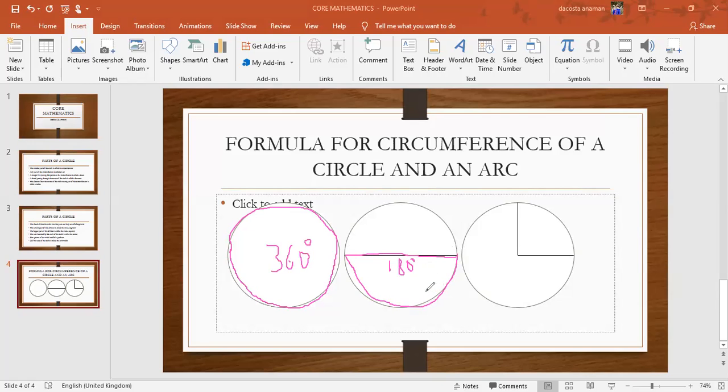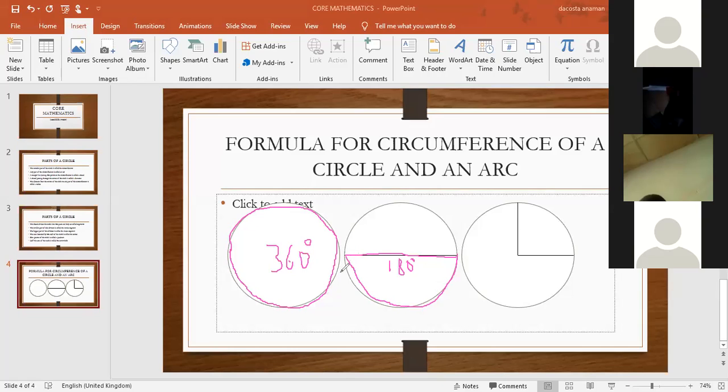Is that okay? So in this instance, if you are asked to find the perimeter of a semicircle, you are not walking around the full circle, but you are walking around the half circle. And that's what? 180 degrees. Now, with this one, you have a quarter, that is a quadrant of the circle.